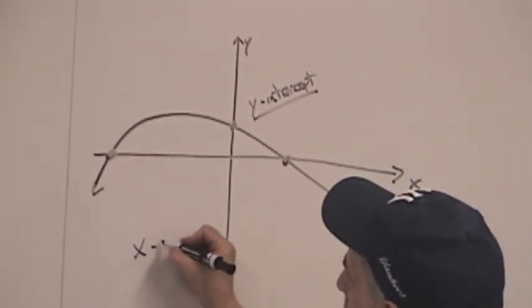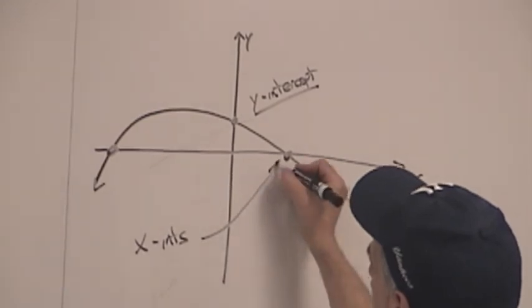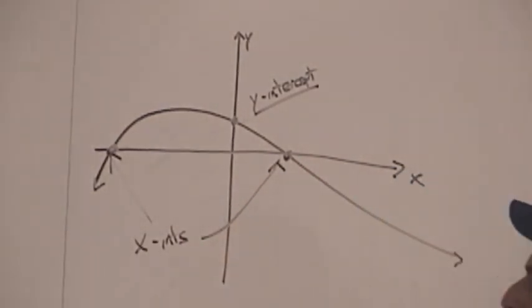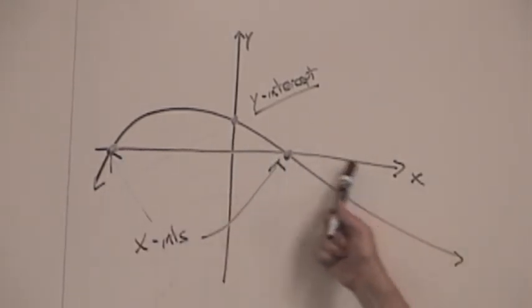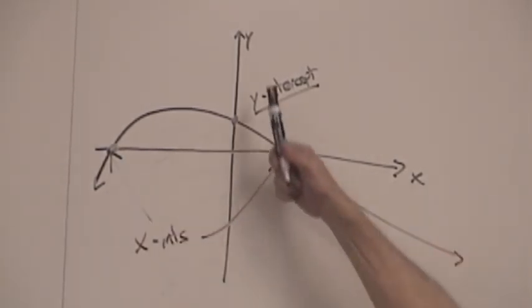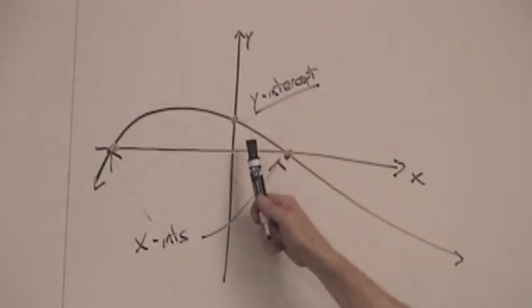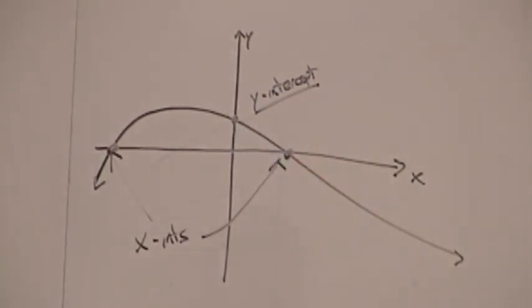These are x-intercepts here and here. So if you're asked to find the x-intercepts, all you're doing is looking for the points that cross the x-axis. If you're looking for the y-intercept, you're looking for the point where it crosses the y-axis.